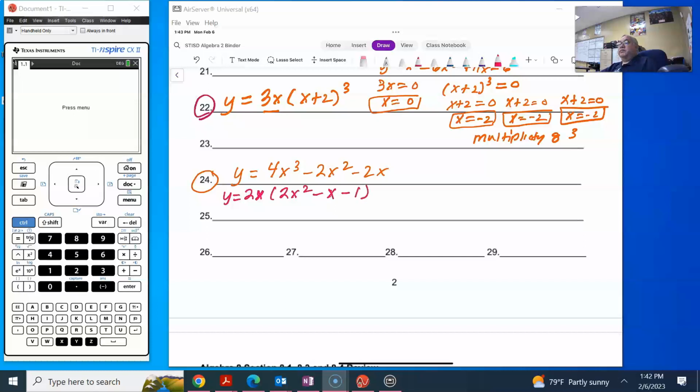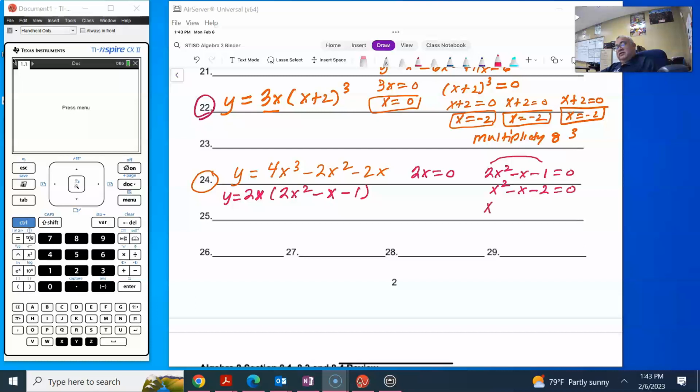Okay? So now what I'm going to do is set 2x equal to 0, and I have 2x squared minus x minus 1. Remember the method I told you to factor this one? 2 times negative 1, x squared minus x minus 2 equals 0.